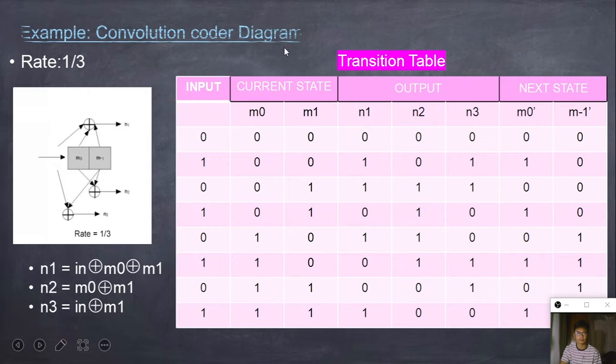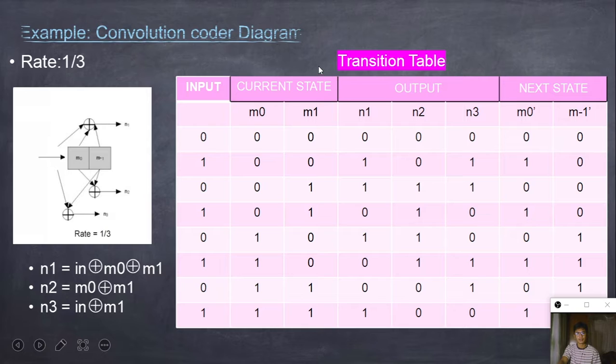Here is the transition table of the convolutional code diagram rated 1 over 3. We will use this as our reference to determine the output. The transition table has the input, the current state, the output, and the next state.